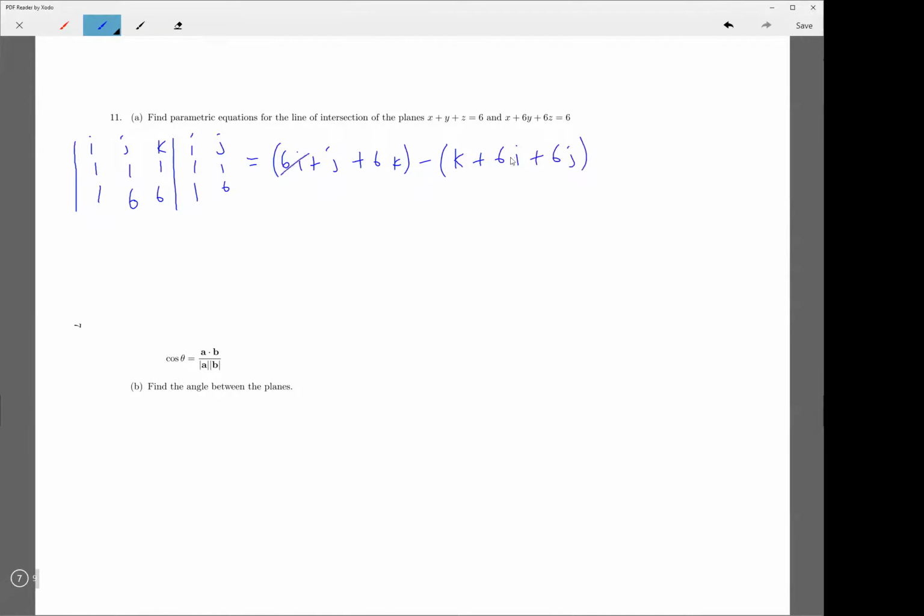So the 6i's are going to cancel out, and then you've got j minus 6j, that's -5j. And then you have 6k minus k, so that's 5k.